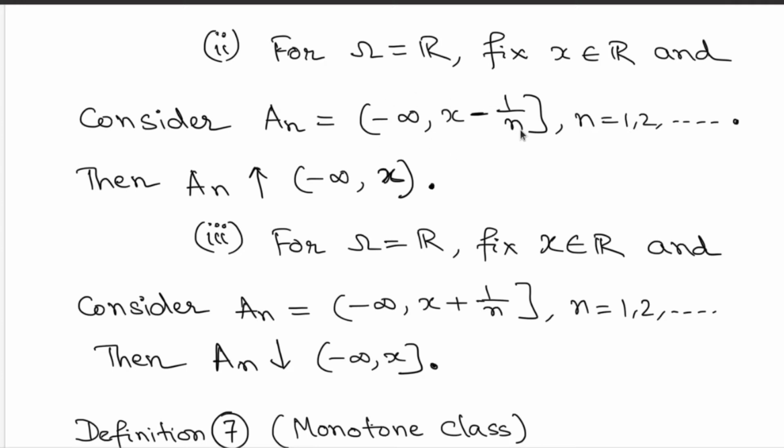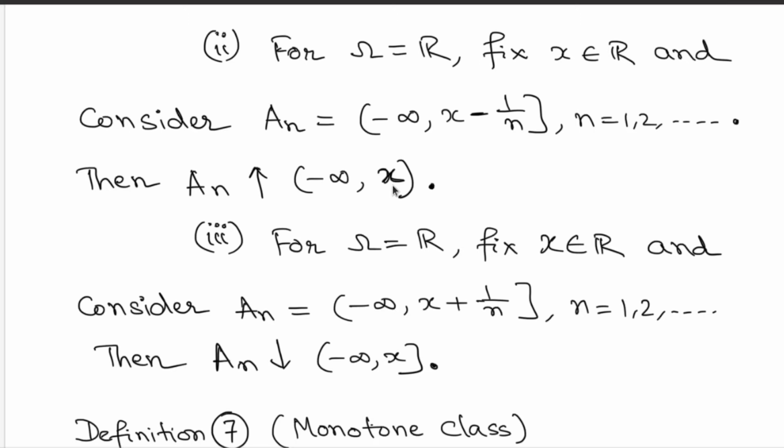Now we can easily check that these sets A_n are increasing, and you are interested in what the complete union is. If you try to verify this complete union, you can rewrite it in this notation: the complete union is actually the open interval minus infinity to open x.